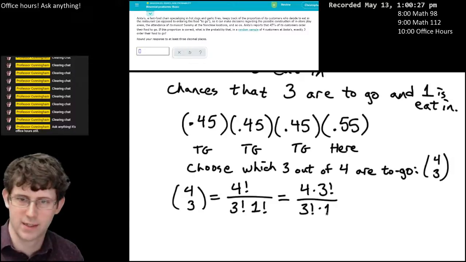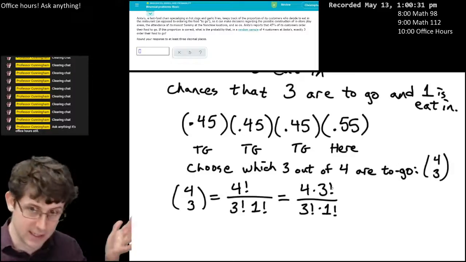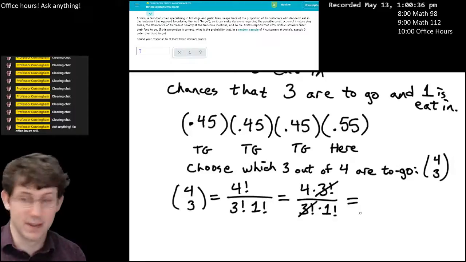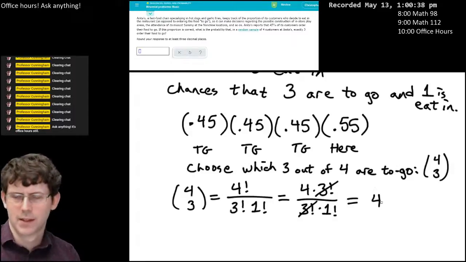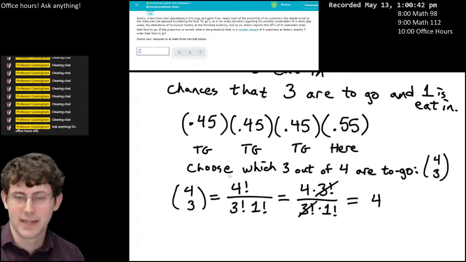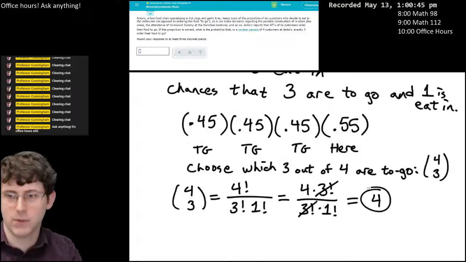Use this trick to deal with factorials. 4 factorial is 4 times 3 times the rest. The 3 factorials cancel, and I'm left with 4 divided by 1, so I get 4. There's 4 possible orderings of where these would be. So my total answer is going to be this probability times 4.